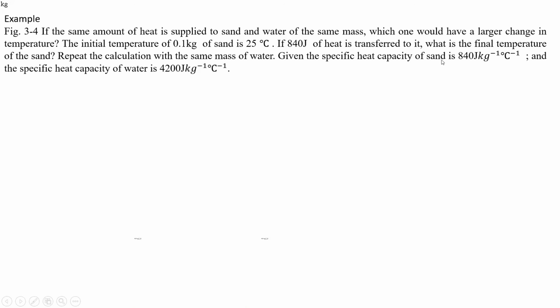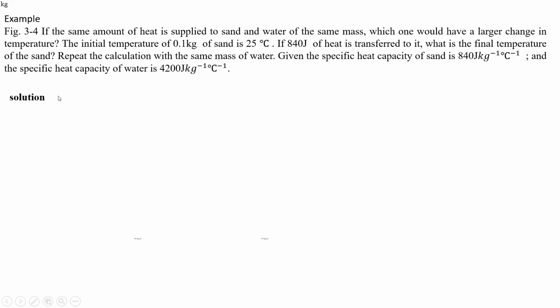Then the specific heat capacity of sand is 840 joule per kg per degree Celsius, and the specific heat capacity of water is 4200 joule per kg per degree Celsius. Whenever you solve this question, you have to say that 840 joules is equal to the mass of the sand, 0.1 kg, multiplied by the specific heat capacity of the sand, 840, multiplied by the change in temperature.